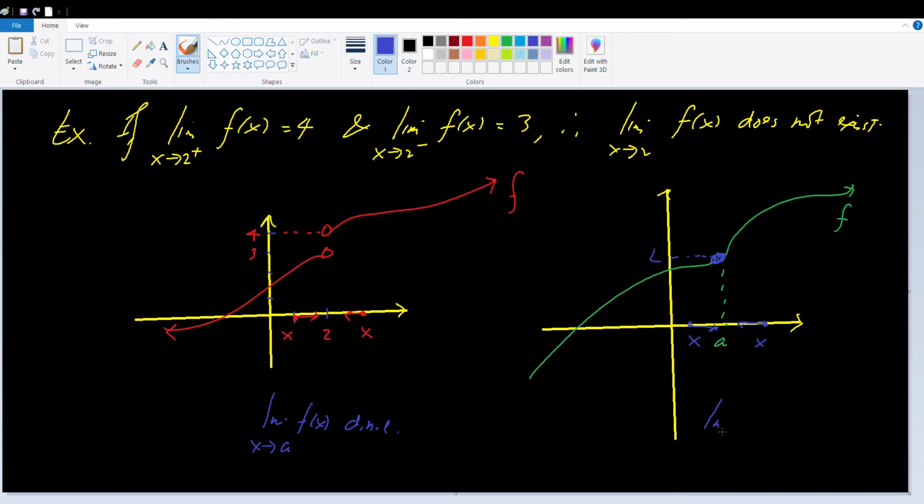While in here, the limit of f of x as x approaches a exists and is equal to the common limit L. Alright?